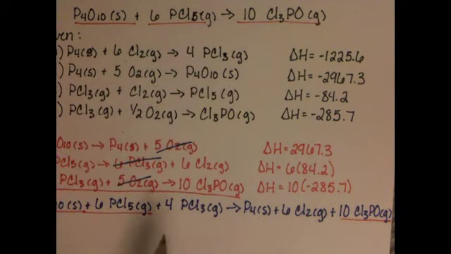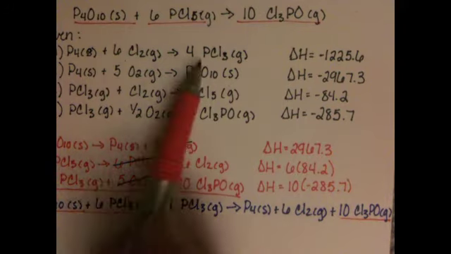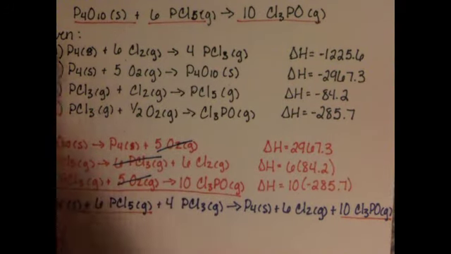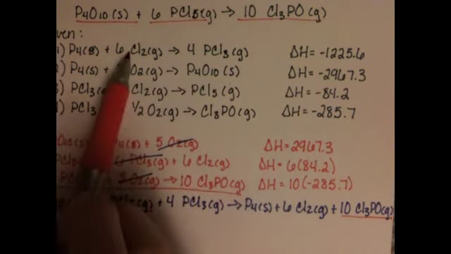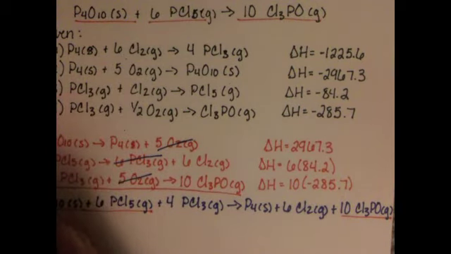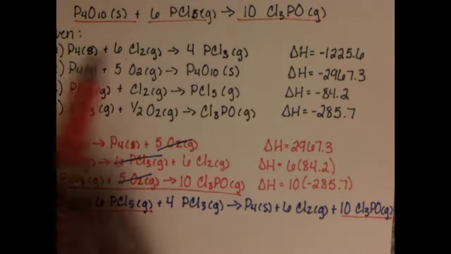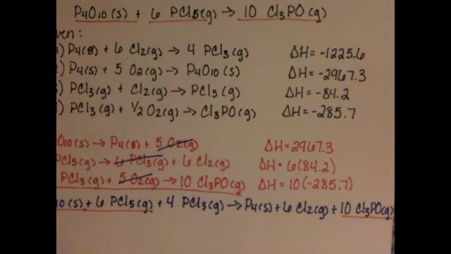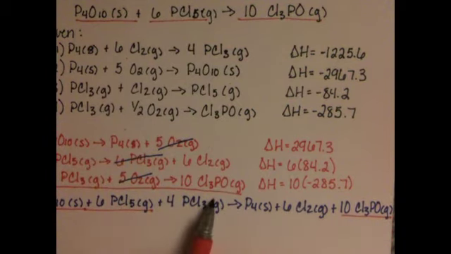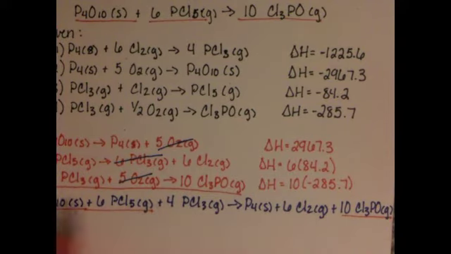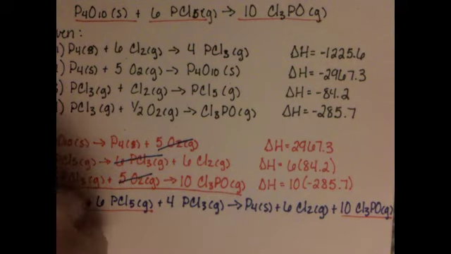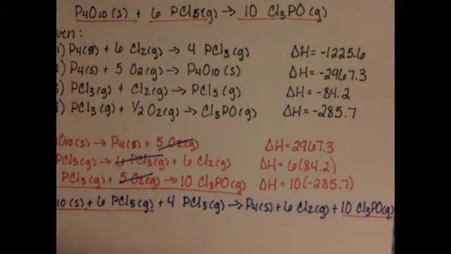And it looks like our stoichiometry is even right. 4 PCl3s, 1 P4, 6 Cl2s. So what we want to do is bring in equation 1 and use that to cancel these terms out of this not quite overall equation that we've put in. So we want equation number 1 exactly the way that it's written.